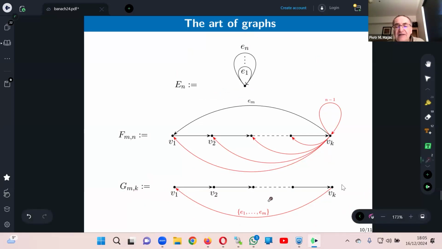So basically, instead of having M loops, we blow up the base vertex of these M loops into a path of length K. And when you do it, lo and behold, you get these matrices over the Cuntz algebra. But comparing these two graphs, En and GMK, we couldn't really find any graph homomorphisms that would induce the desired star homomorphism of graph C-star algebras.